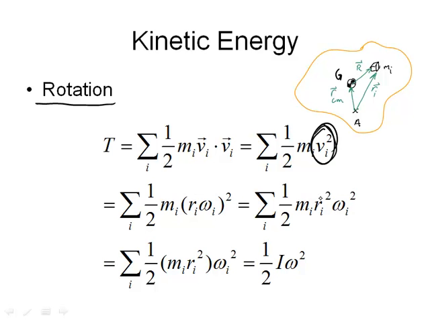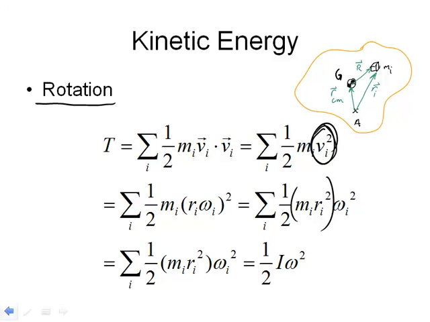And then let's just take this value and put it in parentheses. That's what I've done right here. But m r squared is the moment of inertia of this little tiny mass right here. And so when I sum over all of the masses that make up my odd shape, this moment of inertia is equal to the moment of inertia about the point A. So you'll have to use a parallel axis theorem as you're contemplating that value.